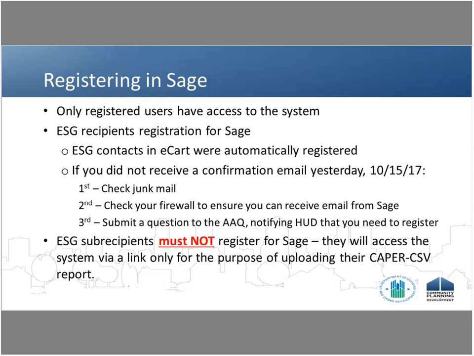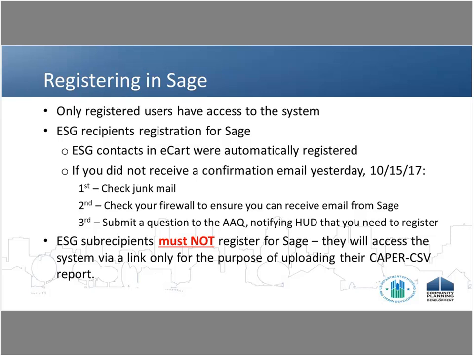ESG recipients register for Sage automatically, so the ESG contacts that we were able to identify and download from Ecard were automatically set up in the system. You may have noticed that you received a confirmation email yesterday. If you did not, there's still the possibility that we automatically registered you if you were an ESG contact in your Ecard submission.